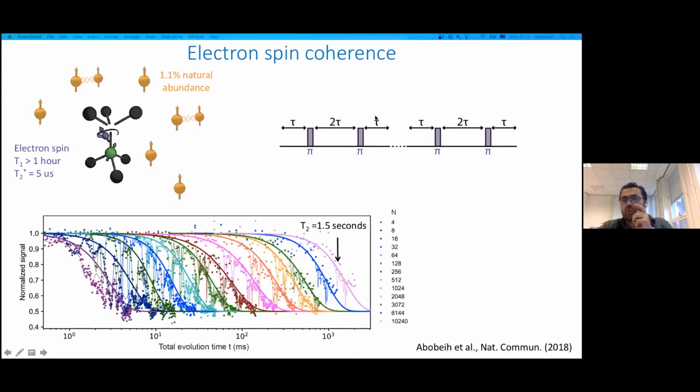And we did this experiment a few years ago where we have shown that we can enhance the electron spin coherence time by nearly 6 orders of magnitude, going from 5 microseconds to 1.5 seconds. So this dynamical decoupling of the electron spin works really well, and we can greatly enhance the electron spin coherence.